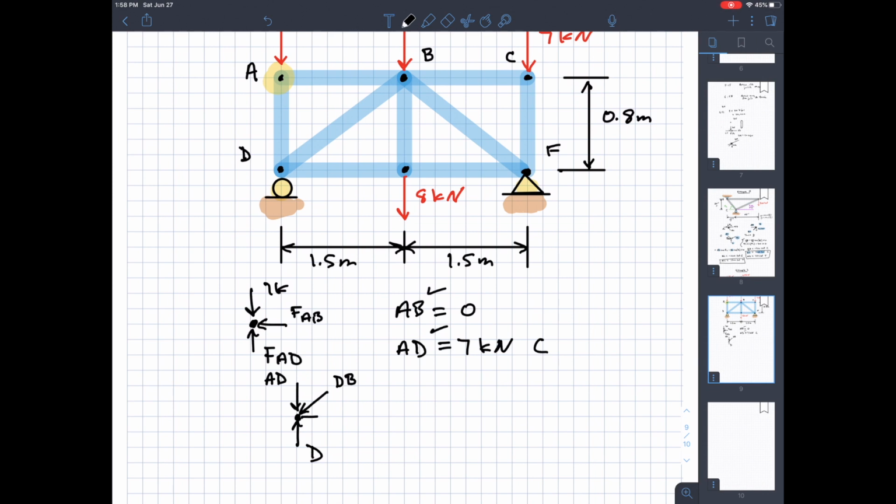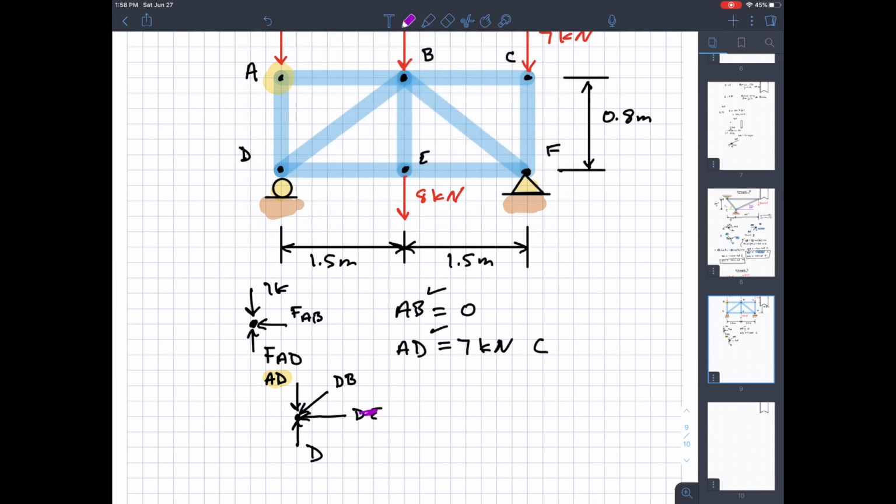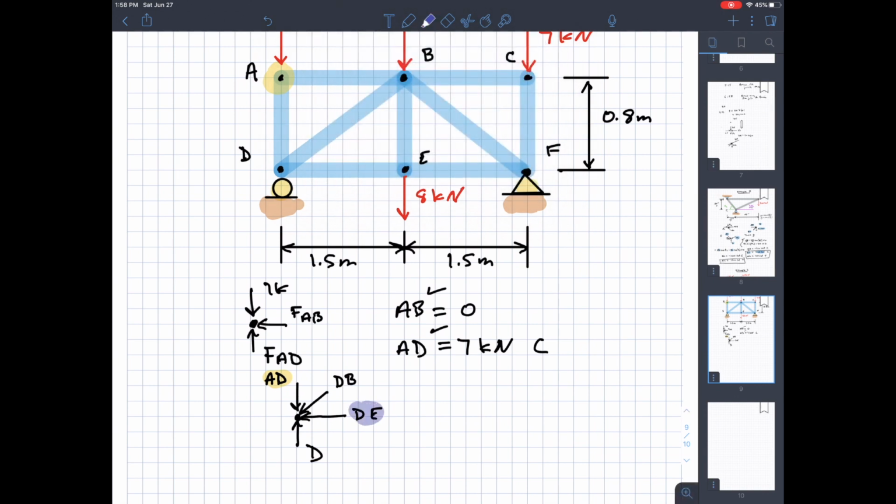And then I have yet another member right here that is, I didn't label that point, that's DE. Okay, so I'm looking at this, I know AD, I don't know D, I don't know DE, and I don't know DB. Okay, so I highlighted those in yellow, so let me put the things that I don't know in a different color. Okay, so I don't know these forces.